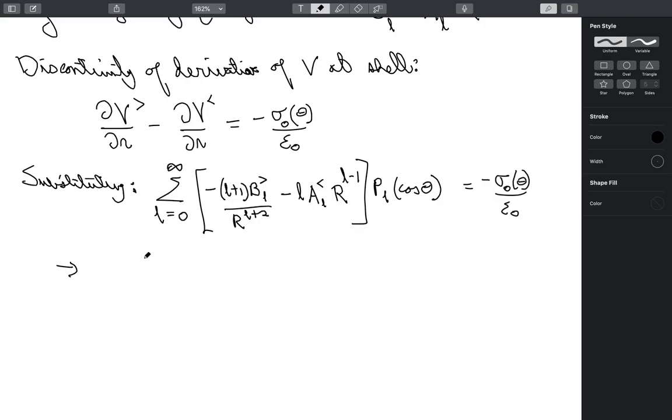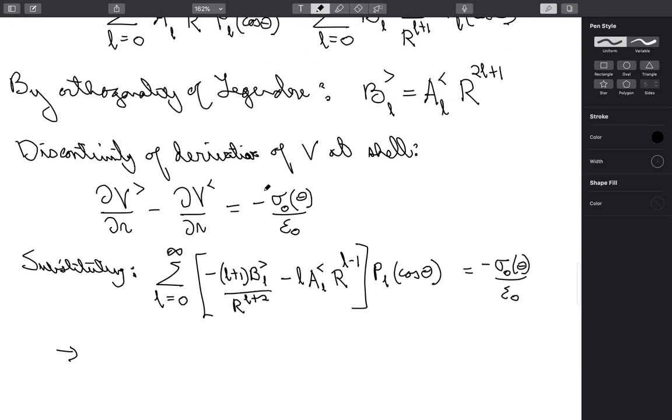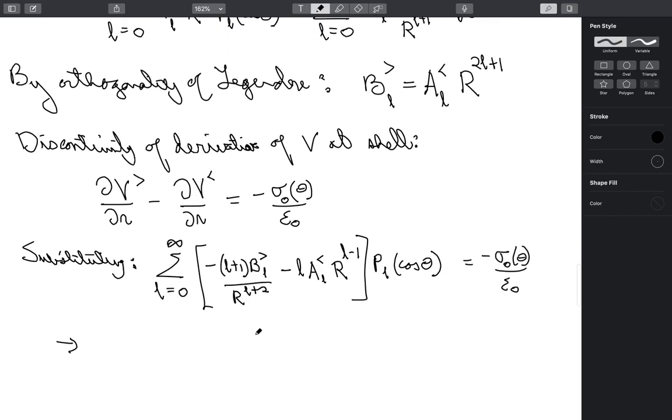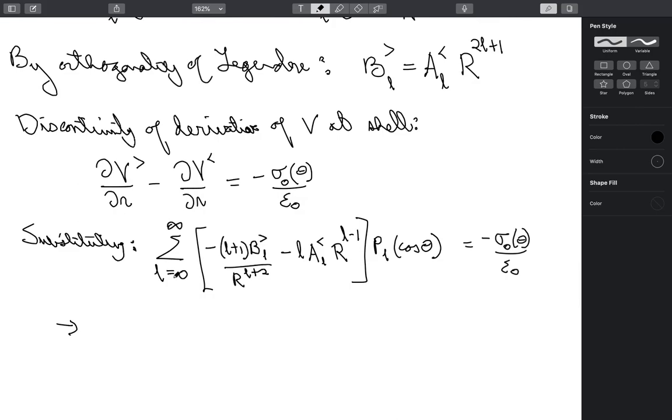All right. So if I now substitute the value of B that I derived here, you see the powers are kind of handy for all of this.